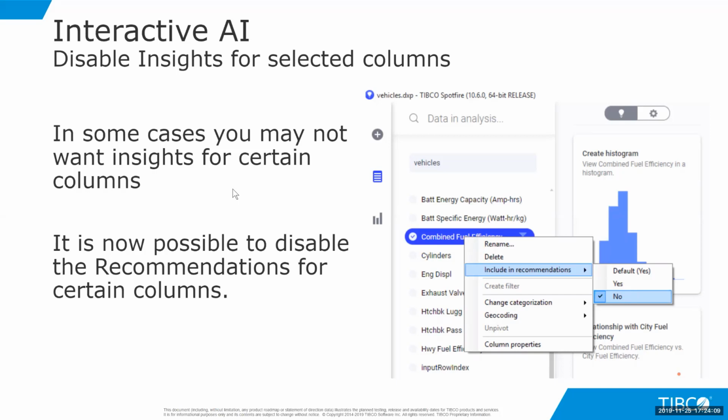So that might be useful if you have a data set where you have a number of columns where you are aware of the correlations. You're not necessarily interested in them because you understand that correlation. So then just exclude them, and that will make it easier for you to spot those insights that the Insights engine finds.